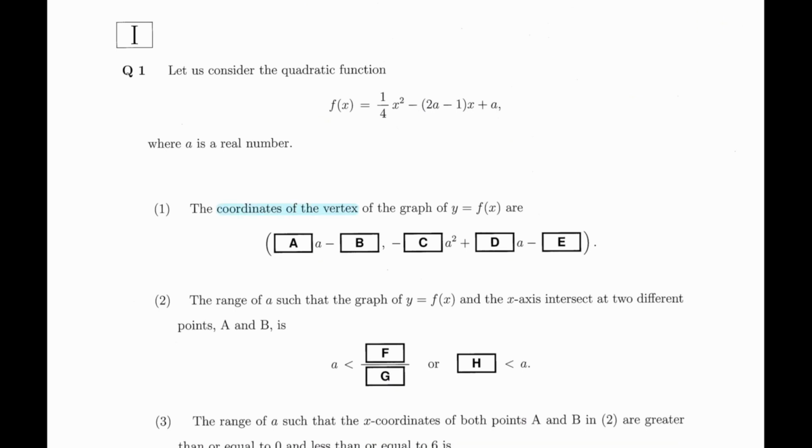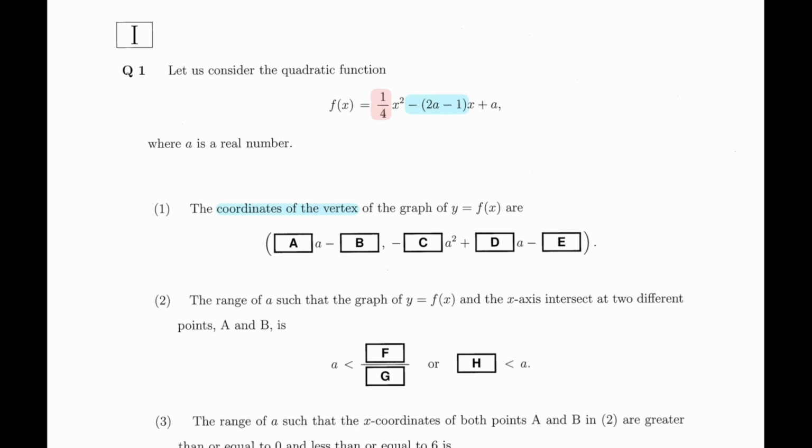If you want to find the coordinates of the vertex of a quadratic function, for the x coordinate, we can use the formula minus b over 2a. b is the coefficient of x, so basically this is our b. And a is the coefficient of x squared, which is 1 over 4.